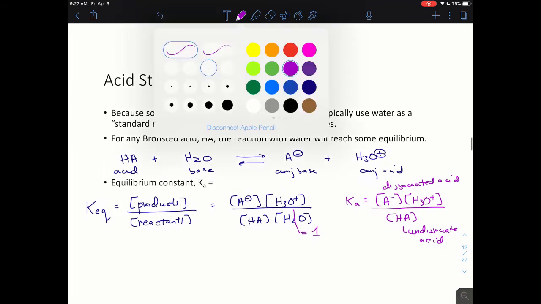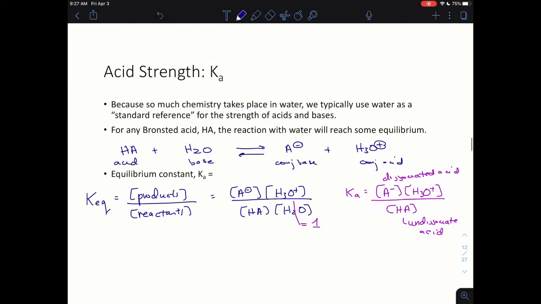All right, so we can think about what it means if we have a large Ka or a small Ka for a given acid HA. When I say large Ka, I mean greater than 1. When I say small Ka, I mean less than 1.